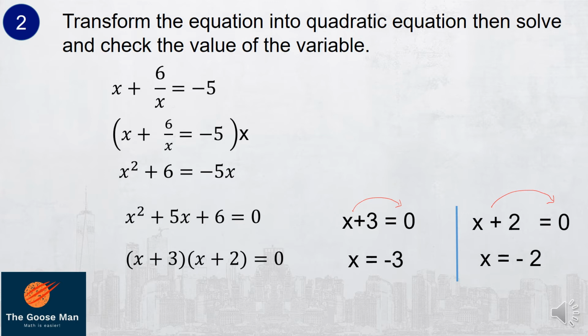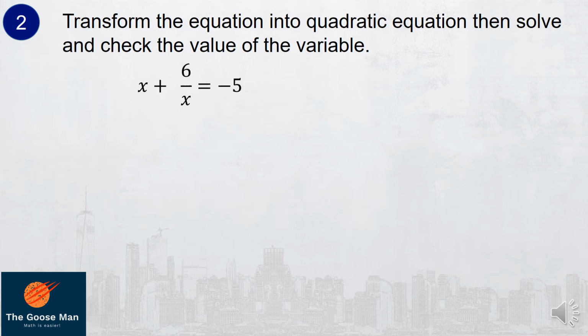Then, we would like to verify whether our answers x = -3 and x = -2 are correct. So, let's substitute the values x = -3 as well as x = -2.